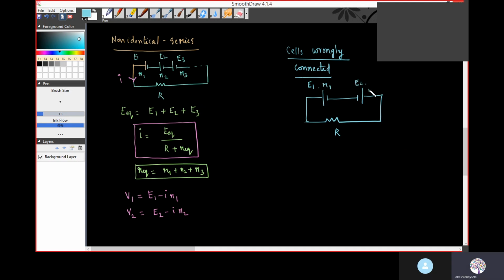This is E2, internal resistance R2. Then the equivalent EMF will be E equivalent is equal to E1 minus E2. Current I is equal to E1 minus E2 by R plus R equivalent.